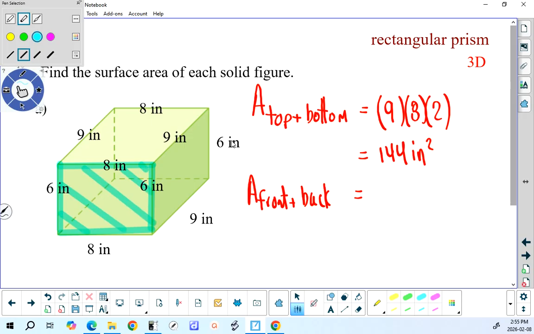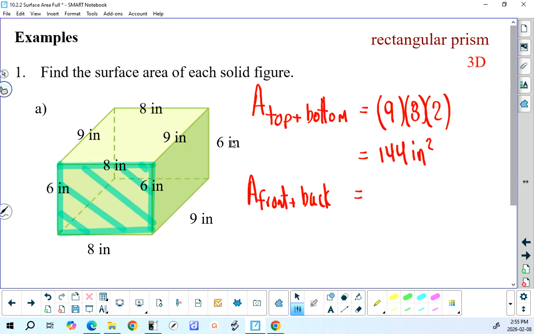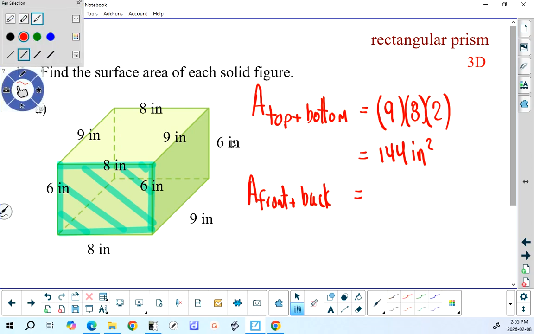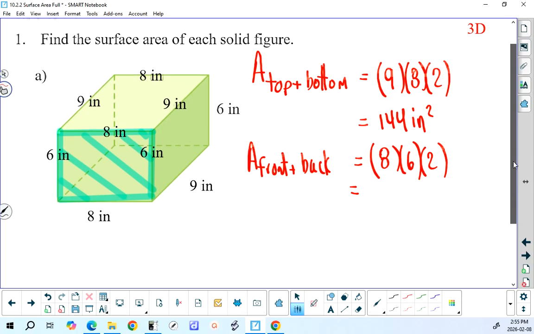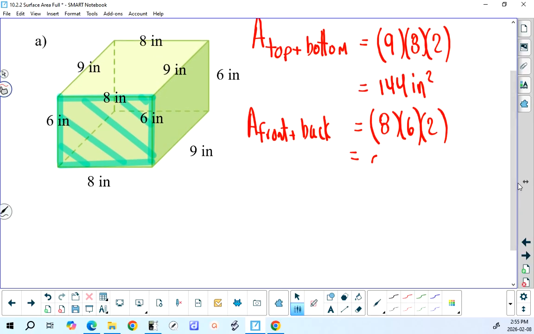This is the front face. So that is a rectangle that is 8 inches by 6 inches. And then we multiply by 2 to include the back. And this works out to 48 times 2 is 96 square inches.